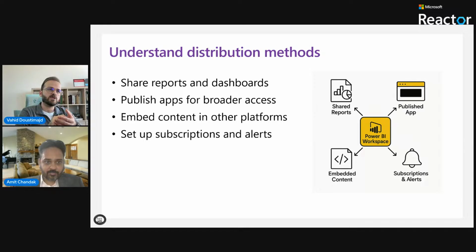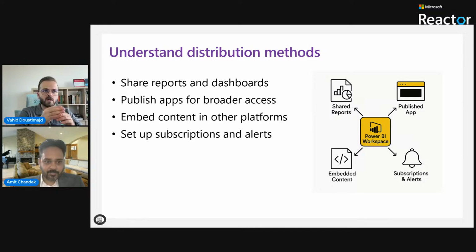Or you can manage the access and give them access to different reports, and even give them access to build reports using that data or that semantic model, or just view and interact with it. So there are different ways, and this is the good thing about Power BI. You have many options, and you can find the best one aligned with your scenario and business questions.